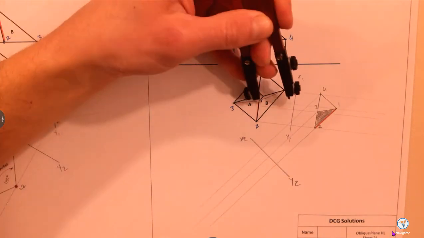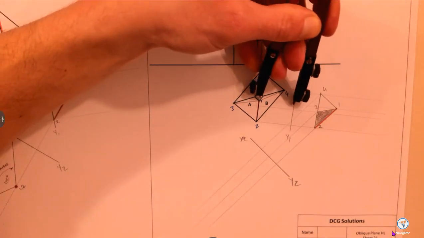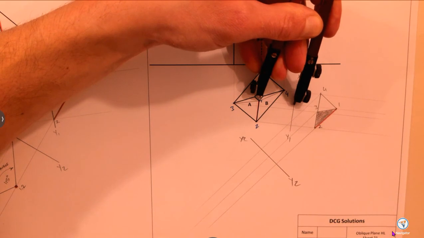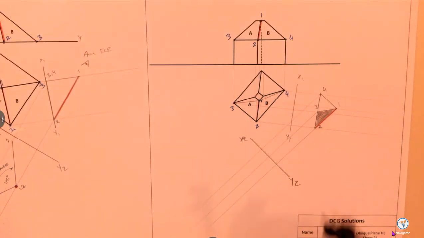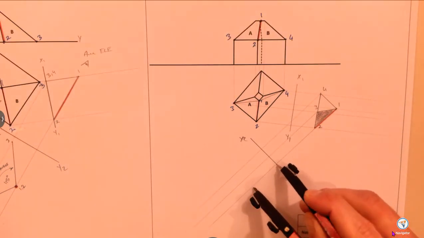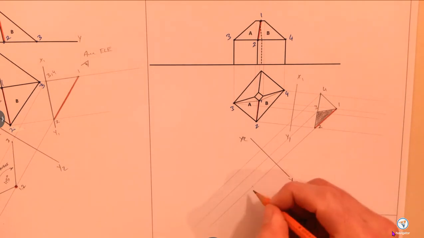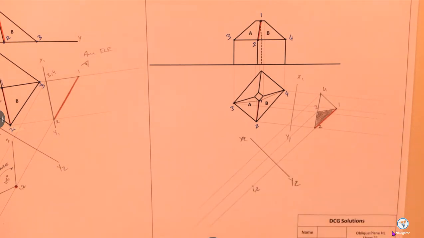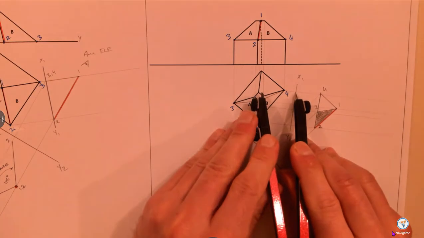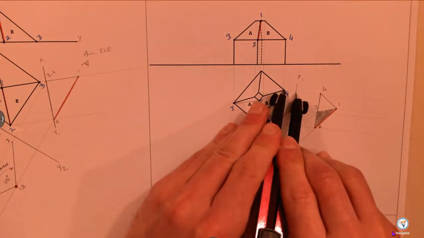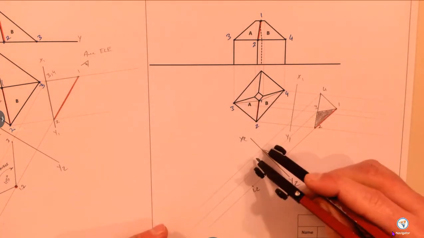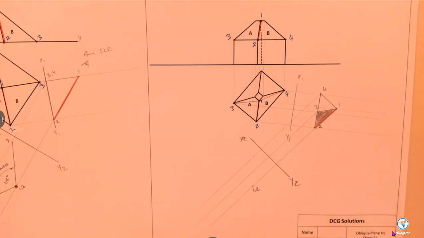Distance for 1, 2 to the xy line. There's my distance. When I come along, 1, 2 is out here. Distance to 4. Here's the distance to 4. And again, follow out. Gives me point 4.